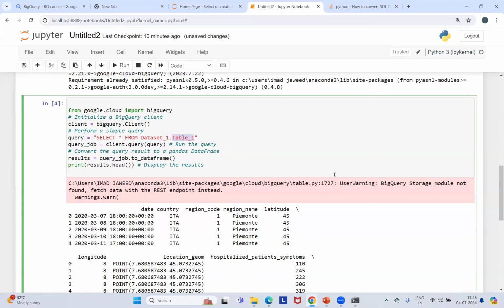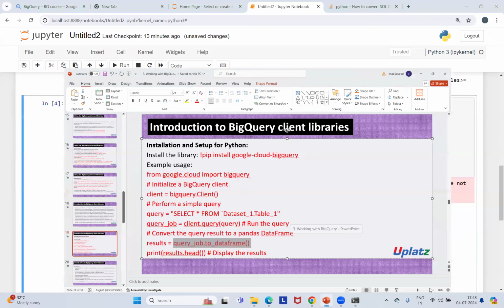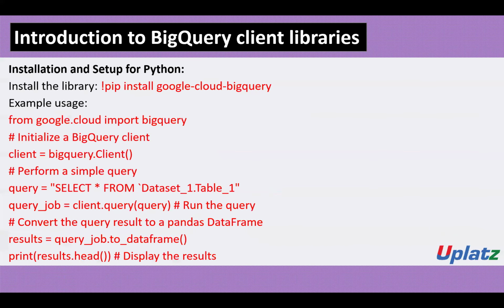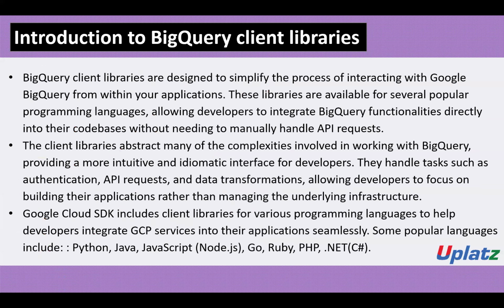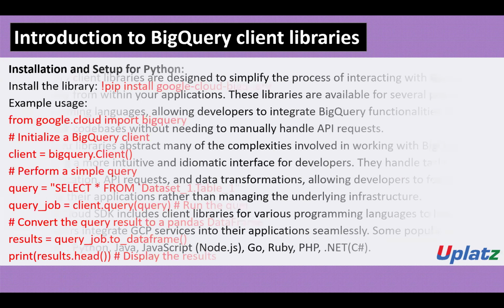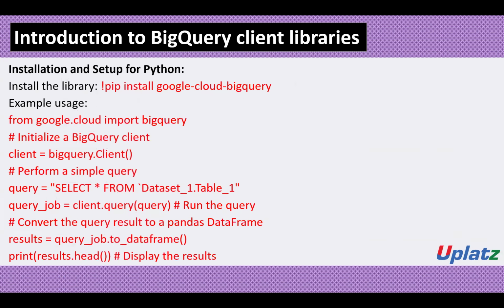Got it? So now I hope you understand the introduction to BigQuery client libraries. With the help of BigQuery's client libraries, which are especially designed to simplify the process of interacting with Google BigQuery from within your application, what we have done is, first, we installed the Google Cloud BigQuery library.